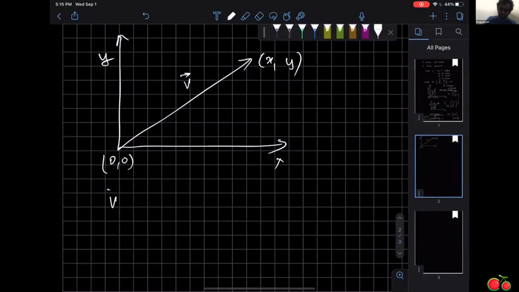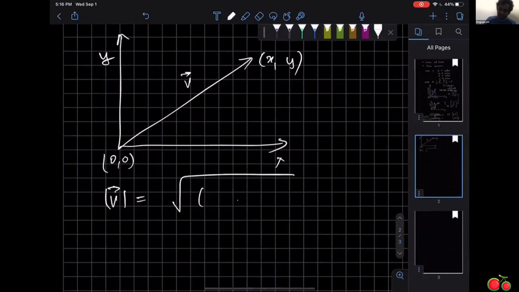So we say that the magnitude of the vector is nothing more than... let me do it like this. Let me call this x1, y1, and this x2, y2. So the magnitude of a vector is essentially this quantity, okay?